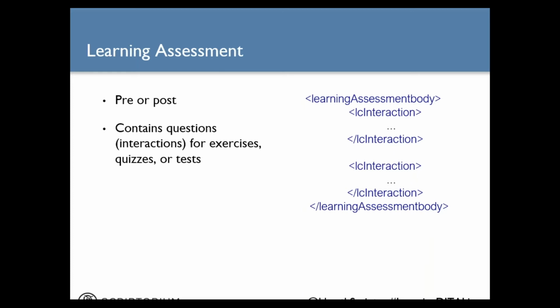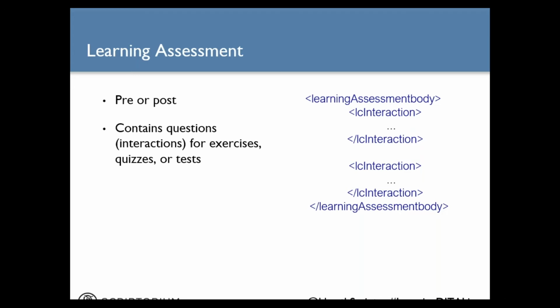And then I'm going to move on to the learning assessment. In the image that we saw earlier, you saw assessment listed at the end, but really it can be a pre or post assessment. Maybe you want to find out what your students already know, and then in that case, you would include a pre-assessment.